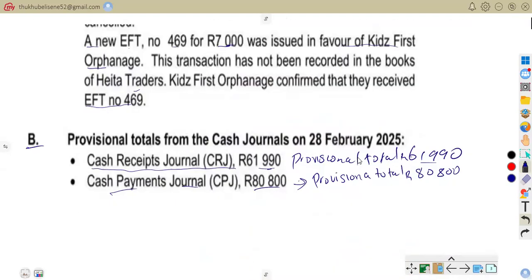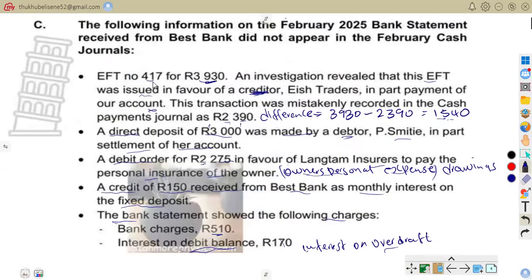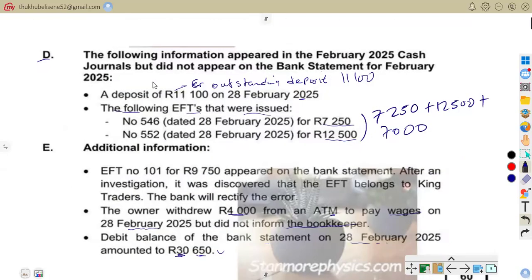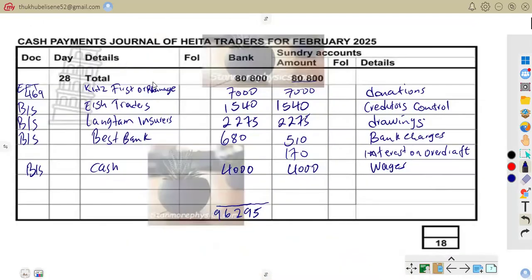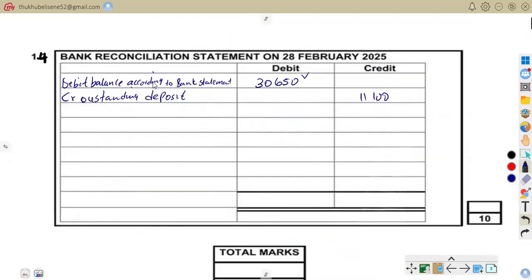Our 7,000 comes from here, a new EFT number 469 for 7,000 that was issued in favor of Kids First Orphanage. So we also have to add it, as it forms part of the outstanding EFTs.